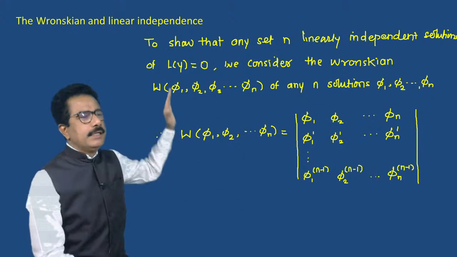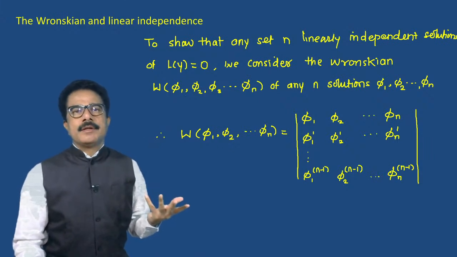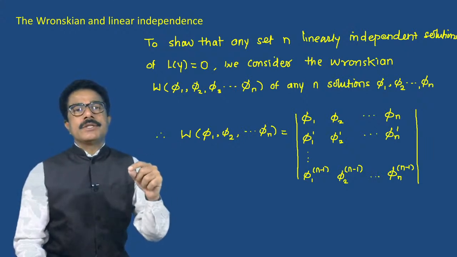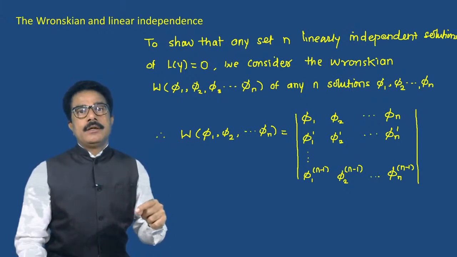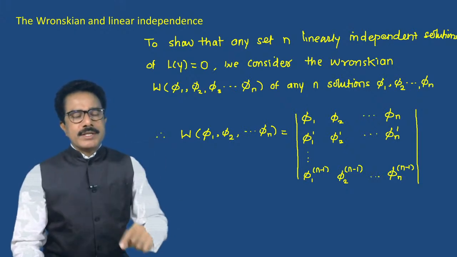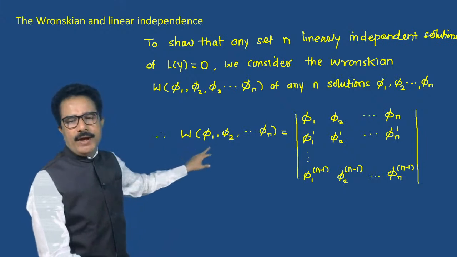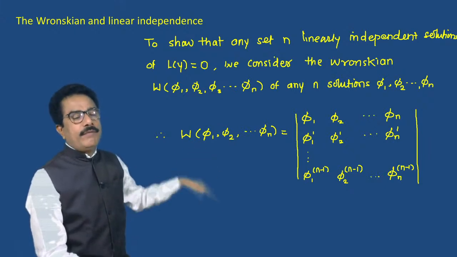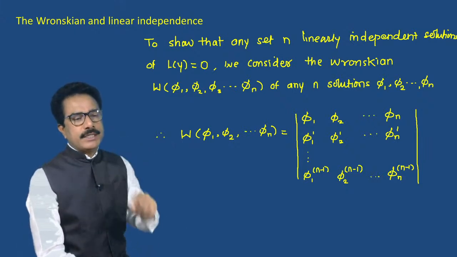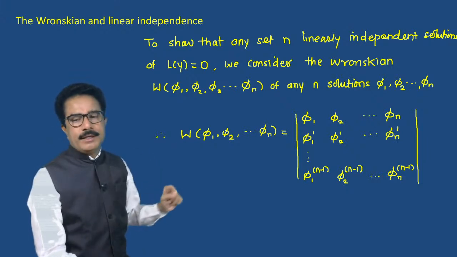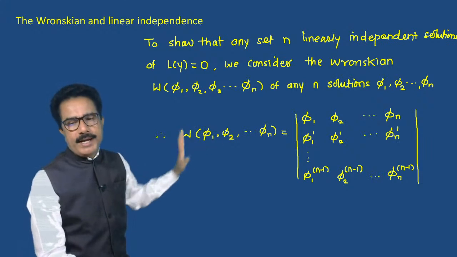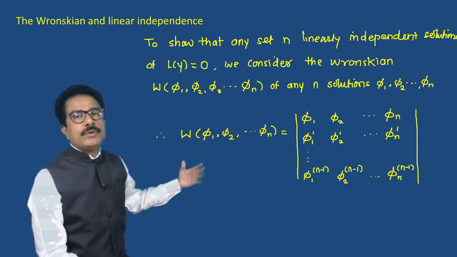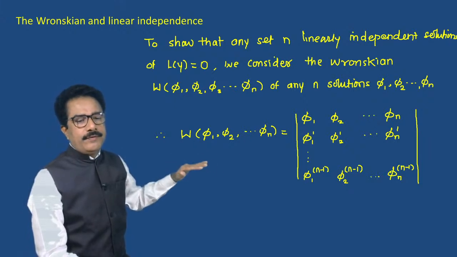Now we shall start the Wronskian and linear dependence. We know the definition of the Wronskian: if y1, y2, y3, ..., yn are solutions of a given differential equation, then its Wronskian W(phi1, phi2, ..., phin)(x) is given by the determinant with rows phi1, phi2, ..., phin; phi1', phi2', ..., phin'; and so on up to phi1 to the derivative n minus 1, phi2 derivative n minus 1, ..., phin derivative n minus 1.